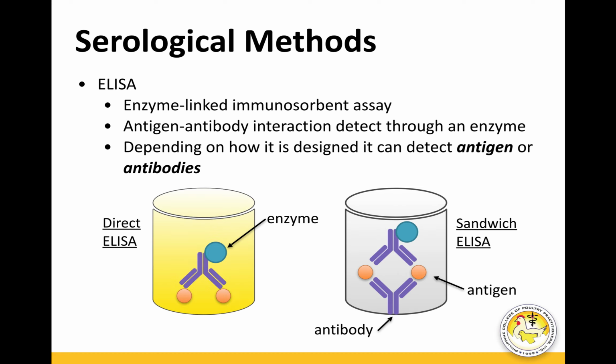Then on your right is an example of a Sandwich ELISA, which is typically used to detect the antibody, in other words, the immune response against the pathogen. Again, if you have a positive sample, you will typically get a color, which is produced by the enzyme that is attached to one of the antibodies.